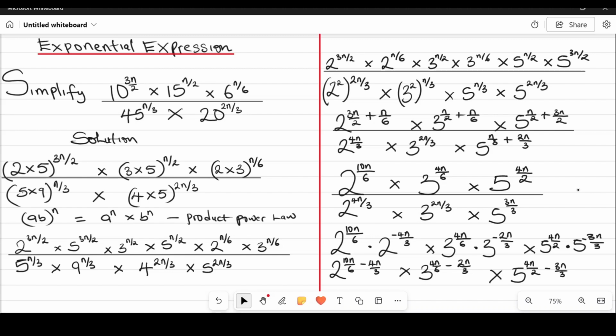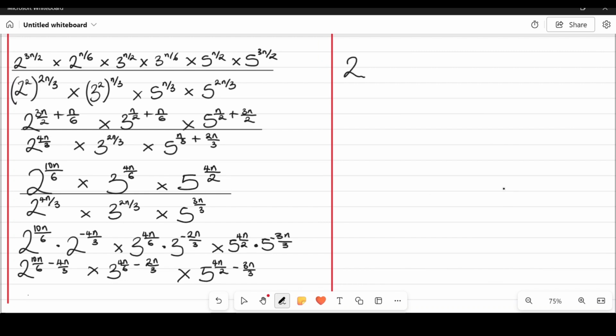So upon simplification, we will arrive at 2 raised to the power of 10n minus 8n divided by 6, times 3 raised to the power of 4n minus 4n divided by 6, times 5 raised to the power of 12n minus 6n divided by 6.